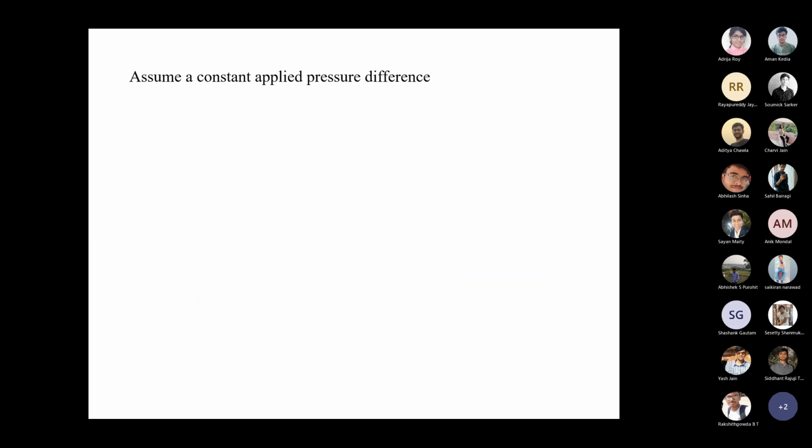So assuming a constant pressure difference, I'll leave that for you, you would be able to find the expression for phi, which would simply be equal to minus delta P, where delta P is the imposed pressure difference, P1 minus P2.